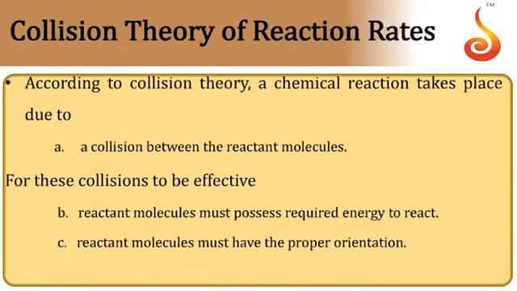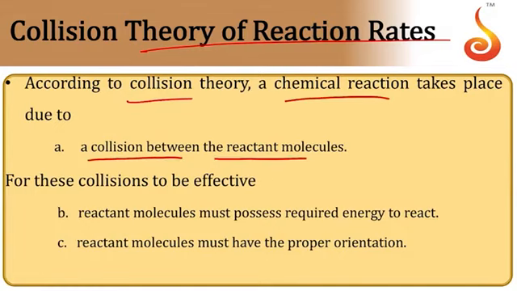Then comes the collision theory of reaction rates. According to this theory, a chemical reaction takes place due to a collision between the reactant molecules. Without collision, a reaction cannot happen according to the collision theory. And for these collisions to be effective, there are two things.